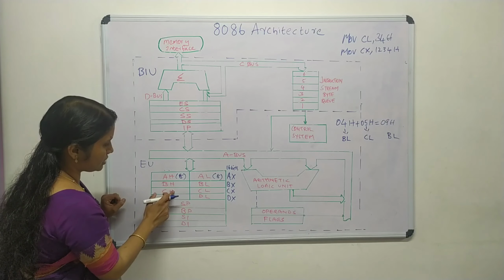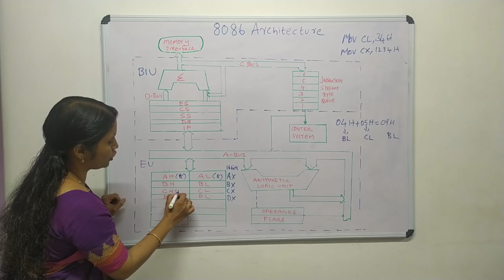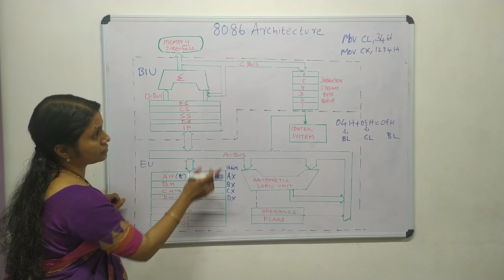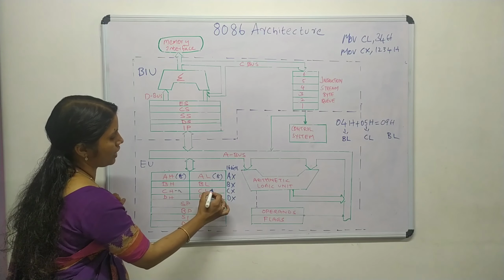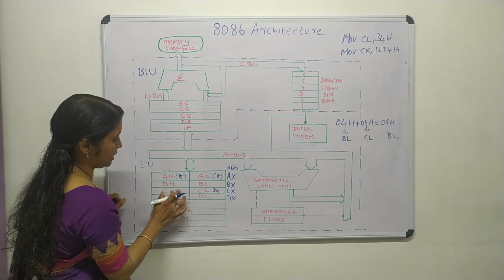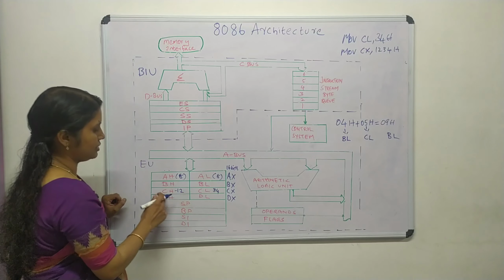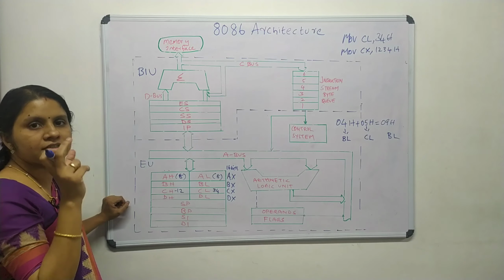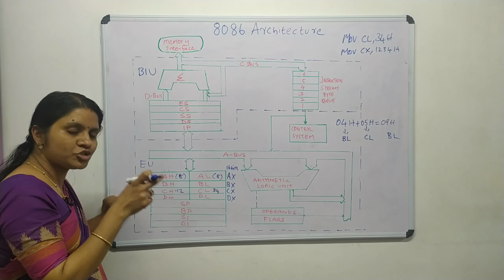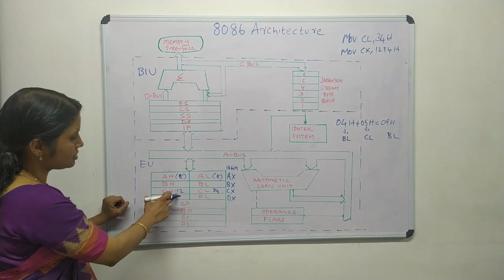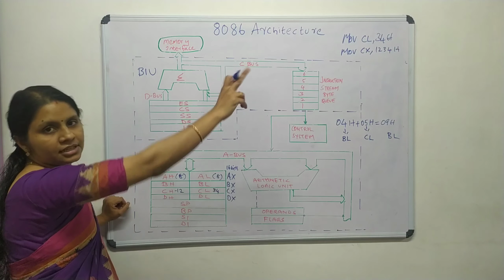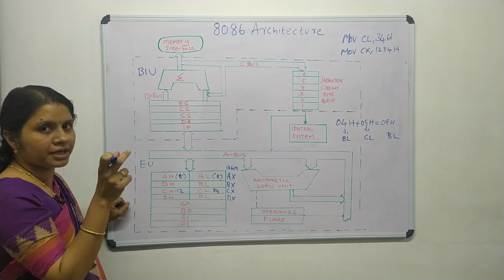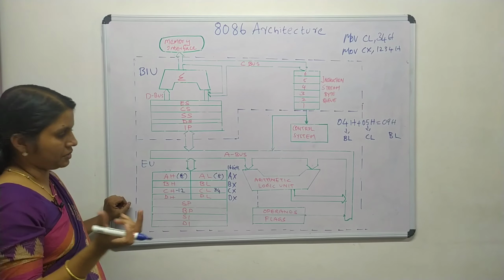So CH will get the value 12 and CL will get the value 34. CX is a combination of CH plus CL, so CH is 12, CL is 34. CH indicates higher byte, CL indicates lower byte.